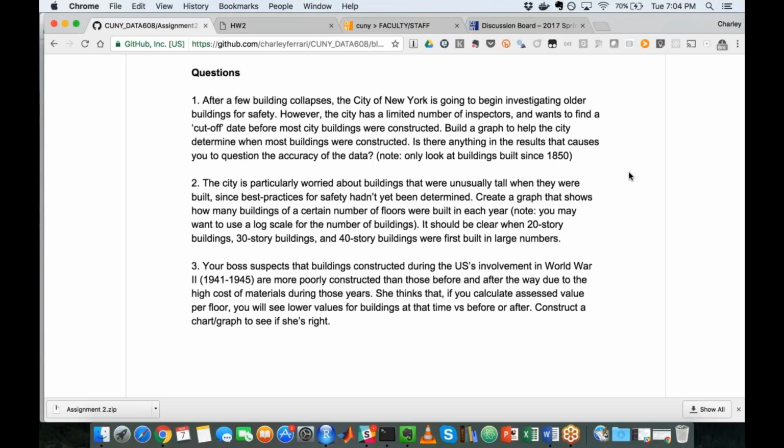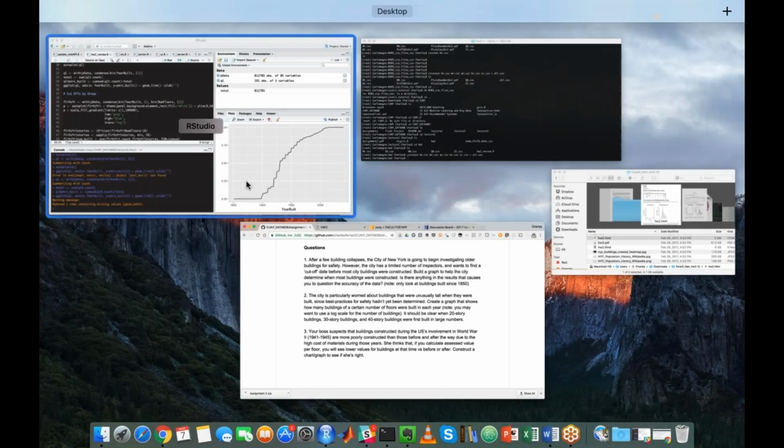Rather than looking at all buildings overall, we're looking at the first couple of skyscrapers, the first few 30-story buildings when the technology to build those buildings first came out, getting an idea of how many of those sorts of buildings we need to worry about. That's really what this question is getting at.